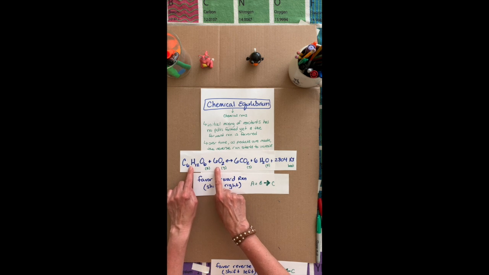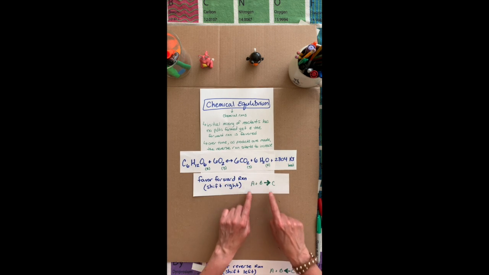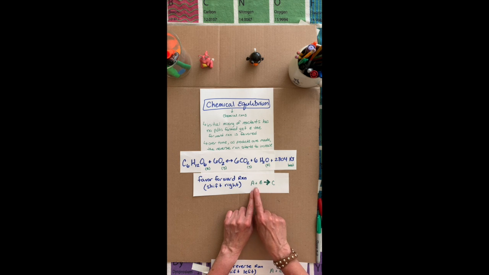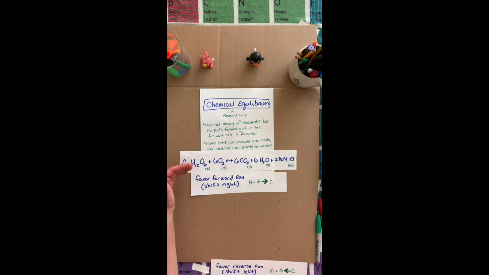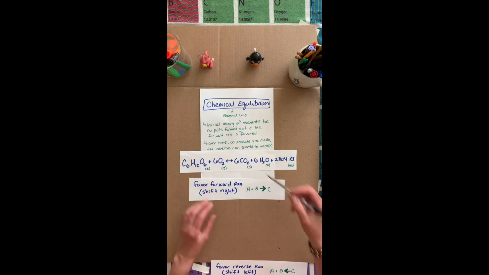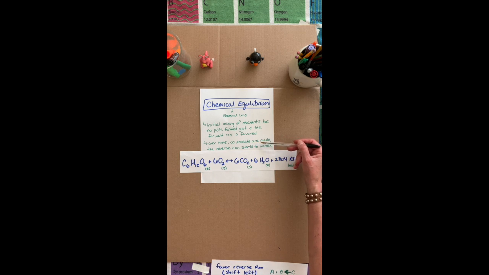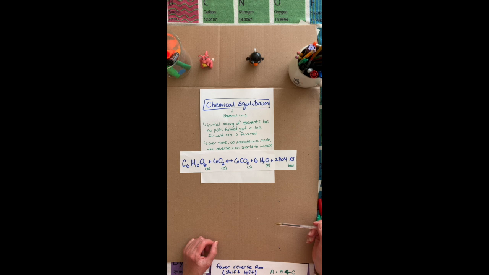A plus B yields C plus D, or we can simply show A plus B yields C in this case. Another term I'll use is we're shifting to the right. When the forward reaction is favored, we are shifting to the right. And upcoming lessons will be using these terms a lot. Please note that over time, as products are made, the reverse reaction starts to increase.